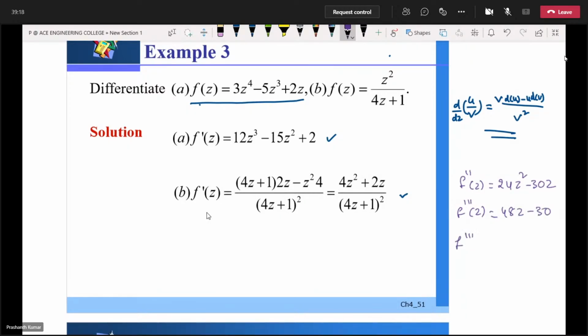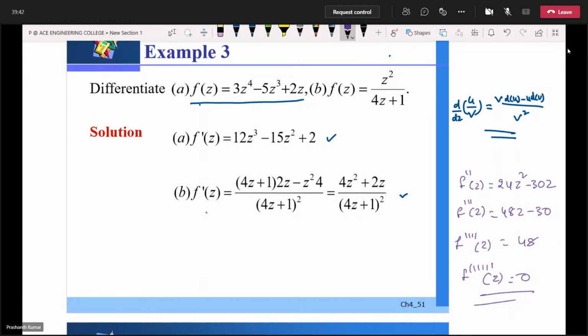Again you differentiate this, what are you getting? 48. Again you differentiate this one, what are you getting? 0. So until the complete polynomial, it is differentiable. Everywhere it is differentiable. Therefore, polynomial functions are entire functions. That is my intention to tell.